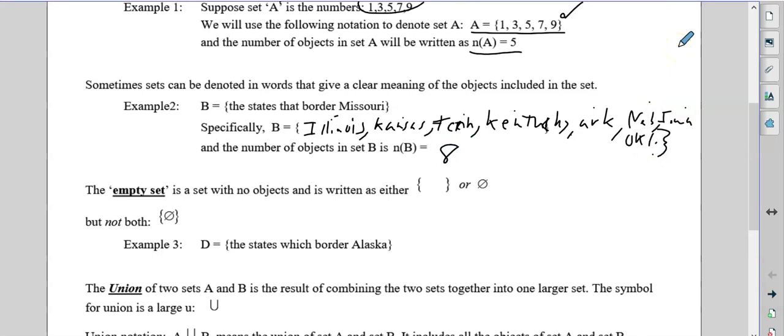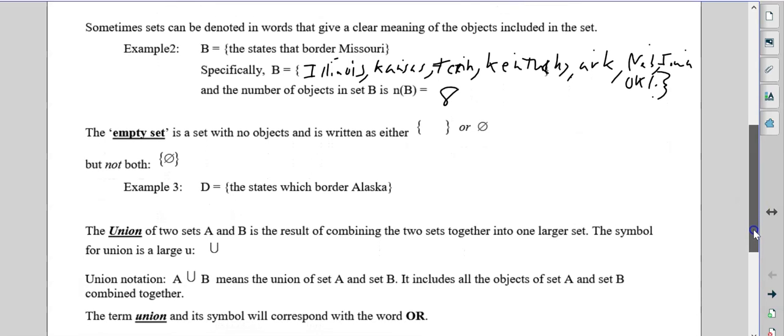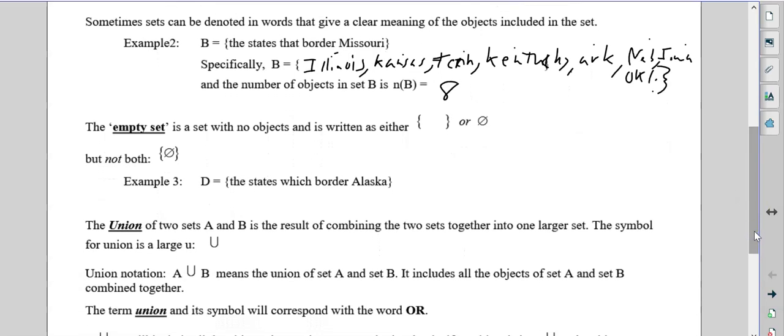All right, then we have, and you know this from Algebra 2, we've talked about the empty set before. The empty set is a set with no objects in it. And it's written as either, you can literally just put 2 braces with nothing in it, but you put a space to show it's empty, or we just use the symbol for the empty set, okay? But we don't do both.